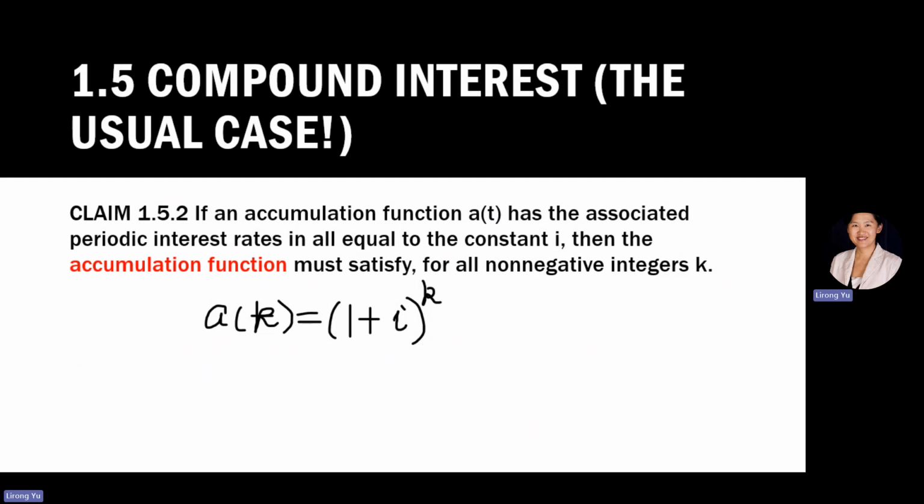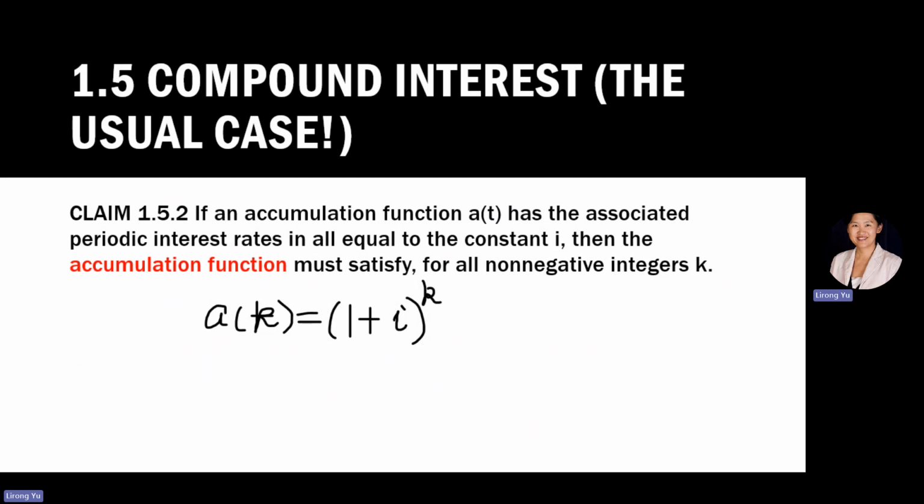So here we are. In compound interest, we assume the accumulation function takes this form. Here is the accumulation function in compound interest, meaning that the interest is being compounded based on how frequently we're compounding the interest into the principal.